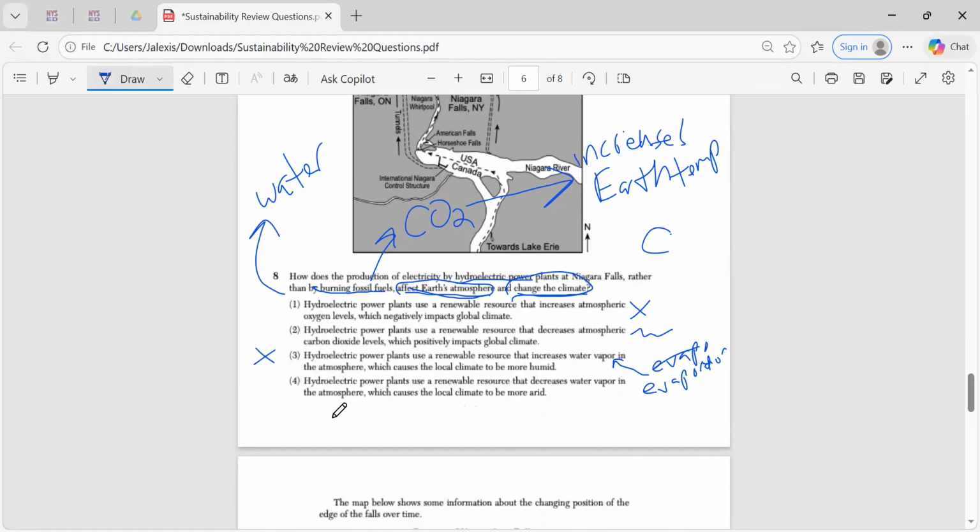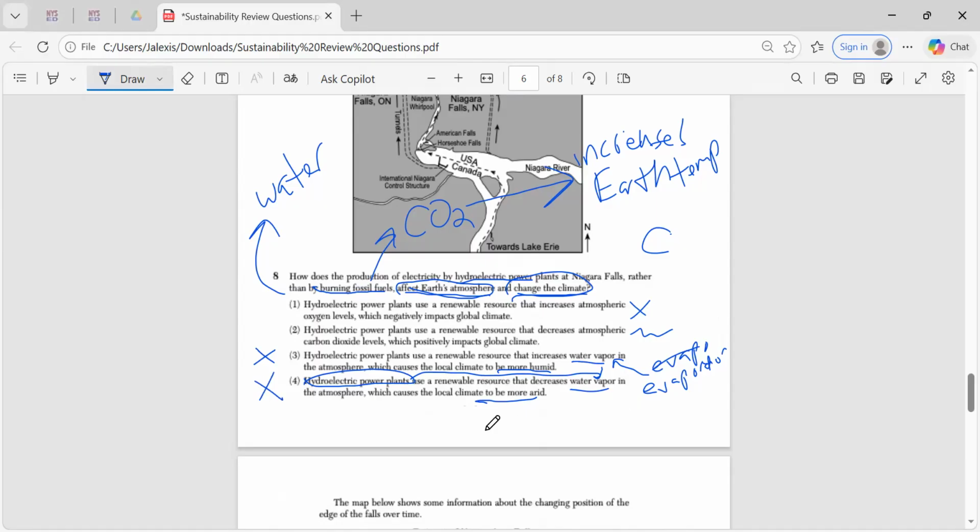Choice four, hydroelectric power plants use a renewable resource that decreases water vapor in the atmosphere, which causes the local climate to be more arid. Now, once again, even though these statements may be true, we have to ask ourselves, do hydroelectric power plants have anything to do with the amount of water vapor? I don't remember teaching anything like that.